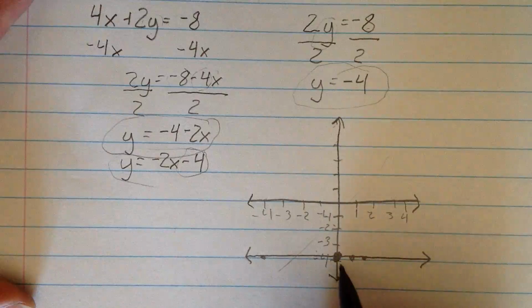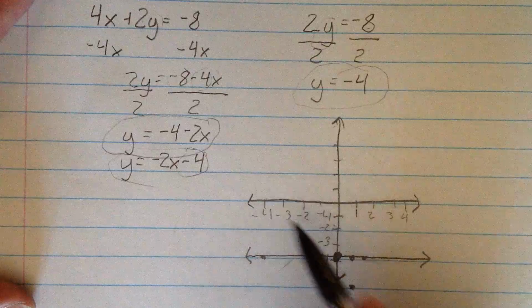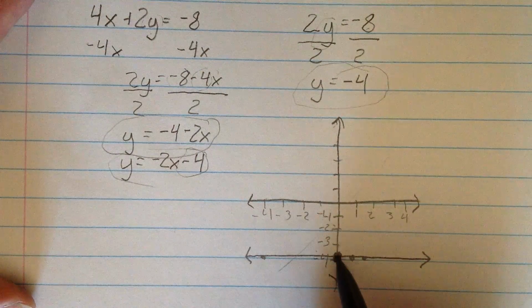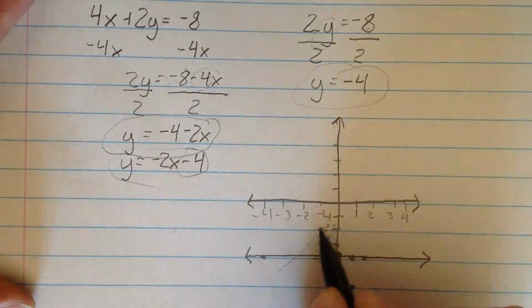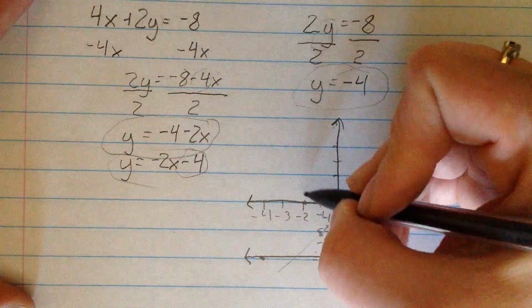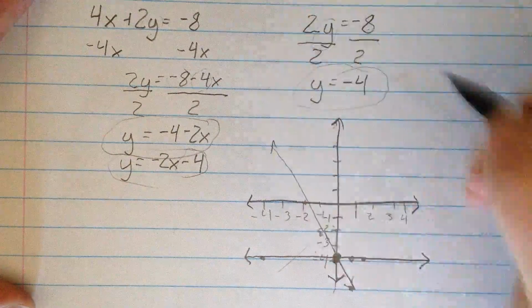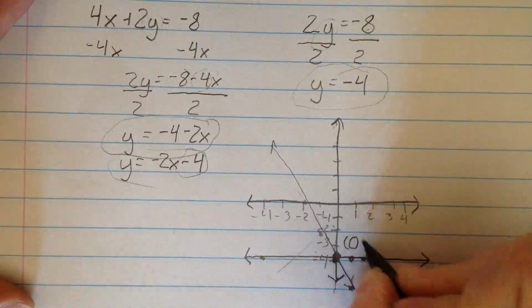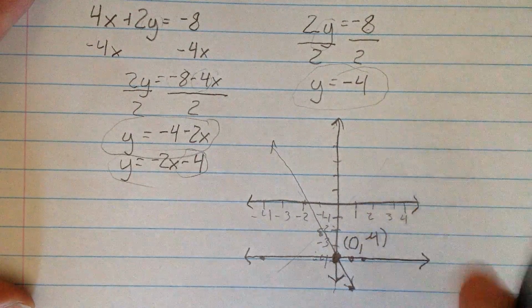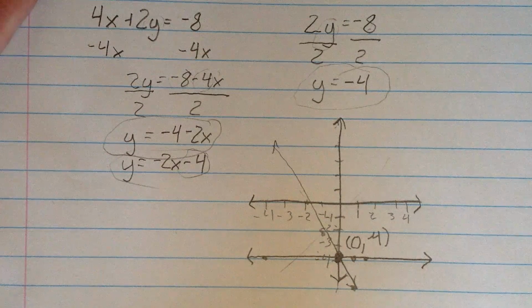That means down 2 over 1, or if I wanted to go in the other direction, since that's a little more helpful in this case, I would go up 2 and back 1. So my line there is going to end up looking something like that. And just as I thought, that point right there at 0, -4 is the solution to that system of equations. So let's get started.